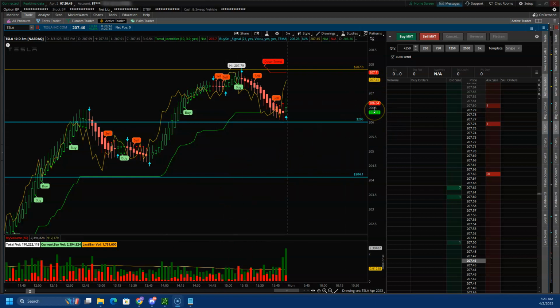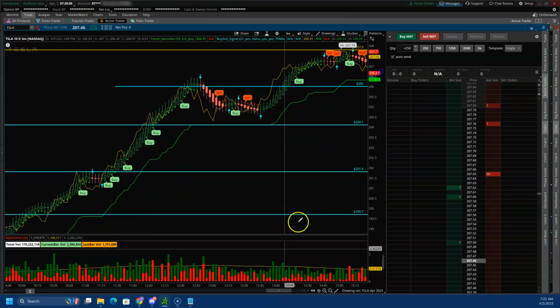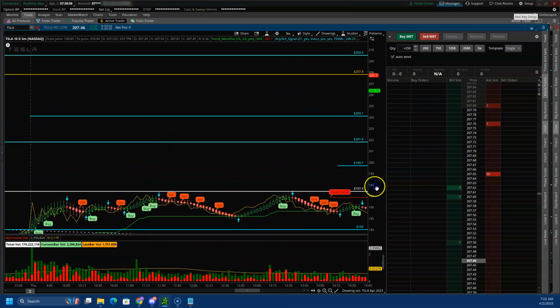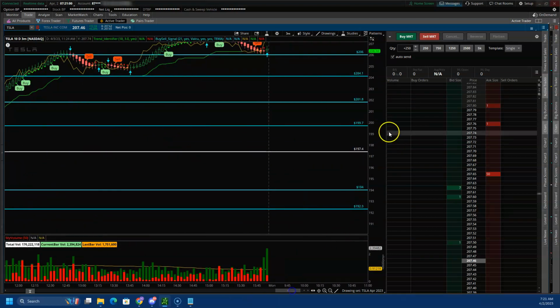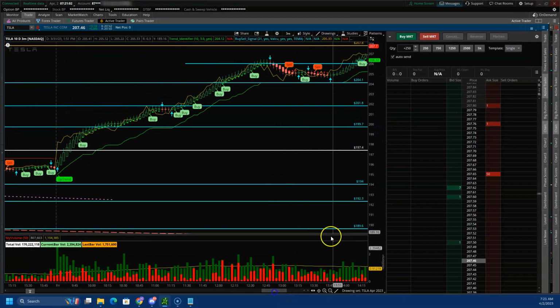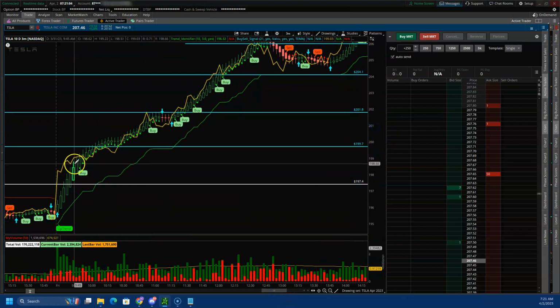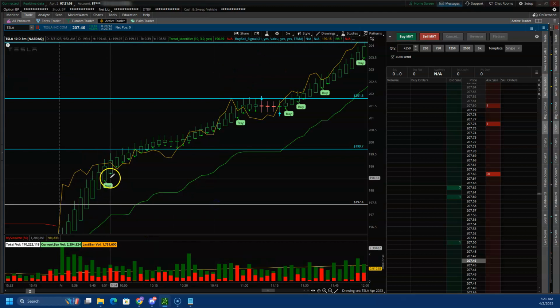So applying the same concept, the way this signal works or gets printed is that when the price, which is represented by this line, right, pulls back into the Heikin-Ashi bar, it prints the buy signal, right?